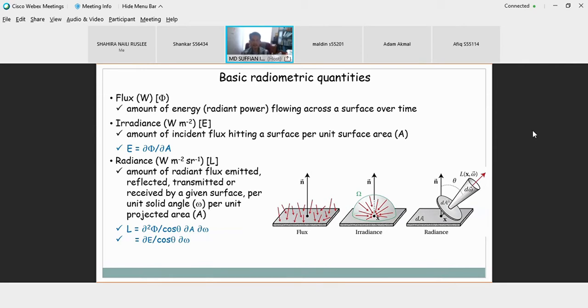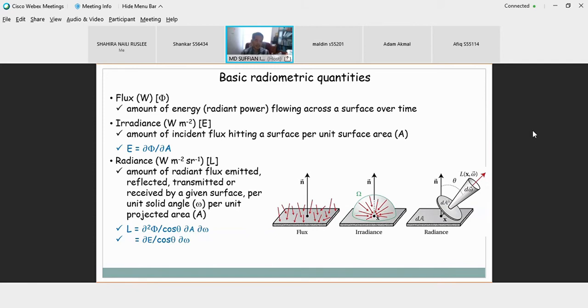Berapa banyak yang sampai per second over a surface. So meaning that dia boleh datang dari all direction ataupun sometimes kita panggil sebagai isotropic light. Isotropic ni bermaksud bahawa dia datang dari pelbagai arah. So unit adalah watts.